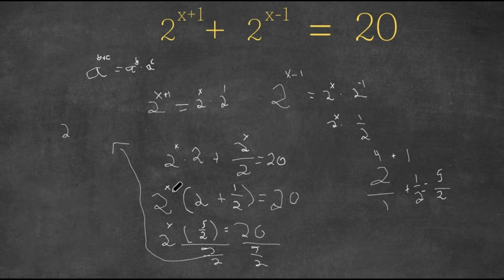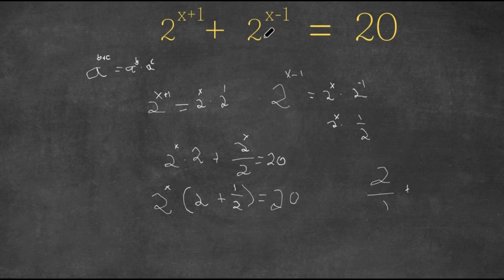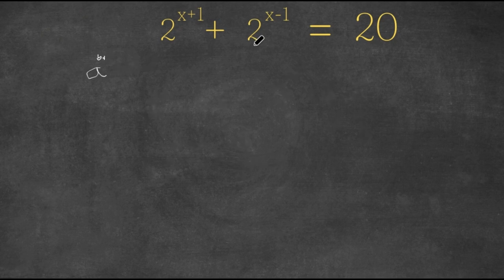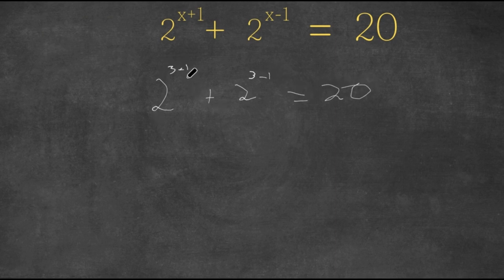So now why don't we go ahead and plug this into our equation and see if it is right. So we have 2 to the power of 3 plus 1 plus 2 to the power of 3 minus 1 equals 20. 2 to the power of 3 plus 1 is the same thing as 2 to the power of 4, plus 2 to the power of 3 minus 1 is the same thing as 2 squared.